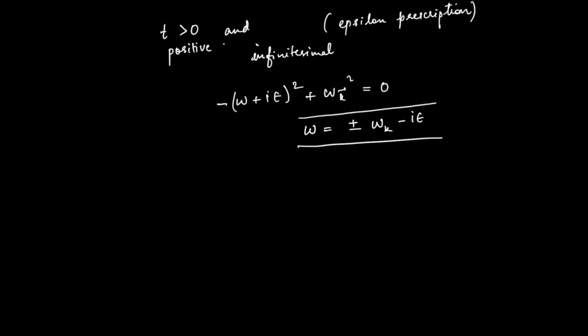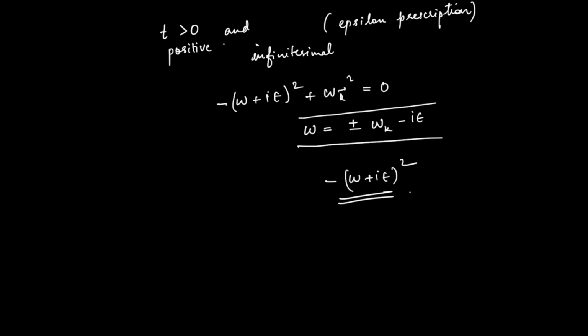So we always do the integral with the same contour. We don't change the contour, but we slightly change the pole to (omega plus i epsilon) whole squared. So we just try to shift the pole.